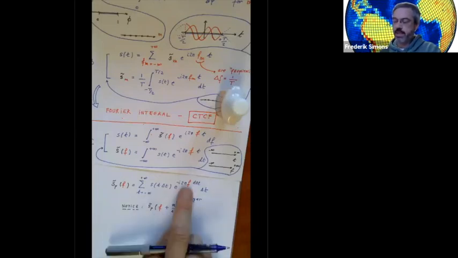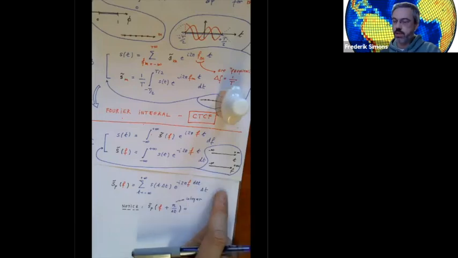So you replace f by f plus n over delta t, but it's the exponential of the sum, so that's a product of exponentials, and you pull out the product of what you've just done, and you realize that actually that was 1.